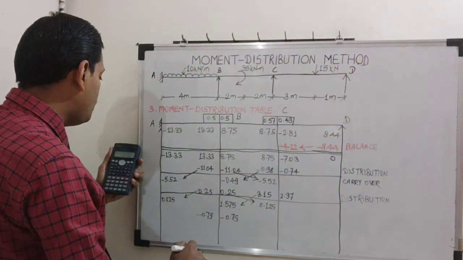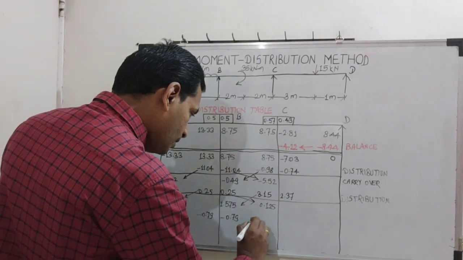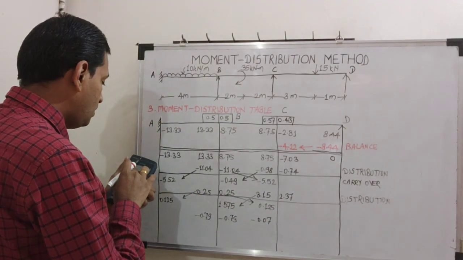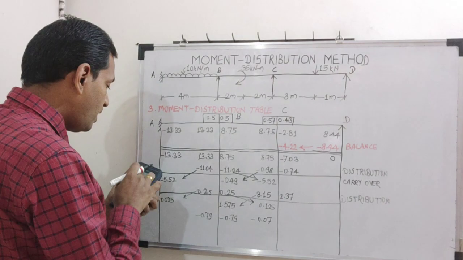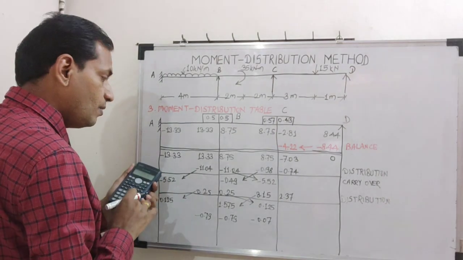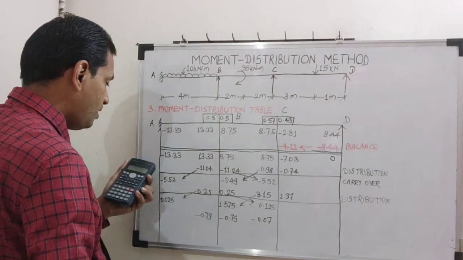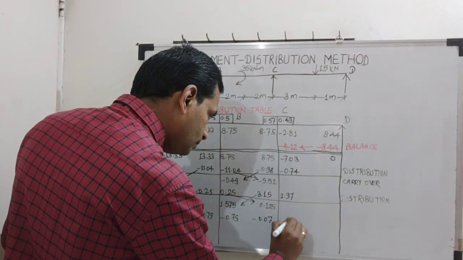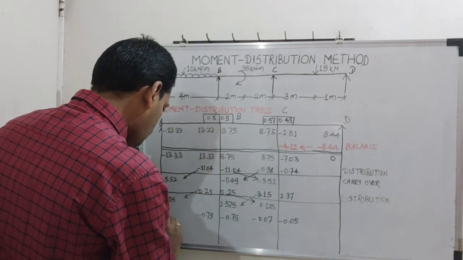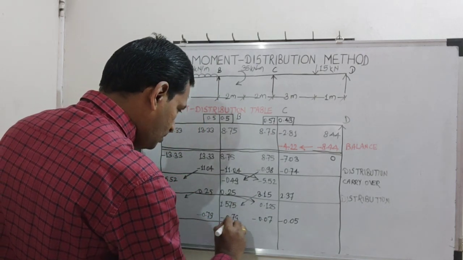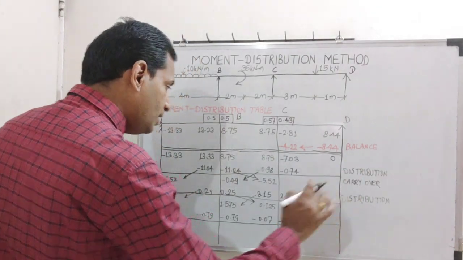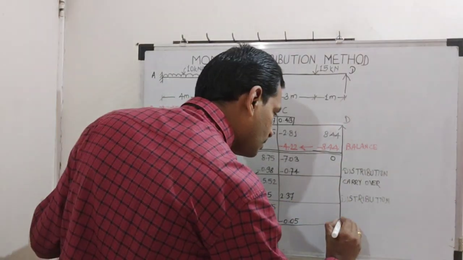So it is minus 0.07. And on the other end, minus 0.125 into 0.43. So it is minus 0.05. So my third distribution cycle is over.